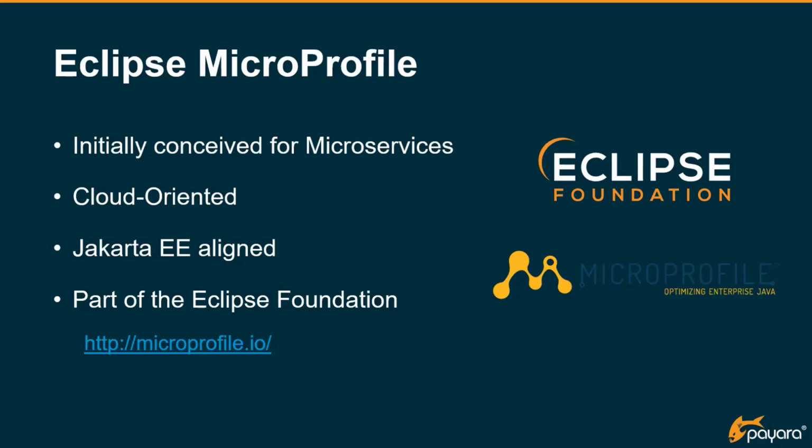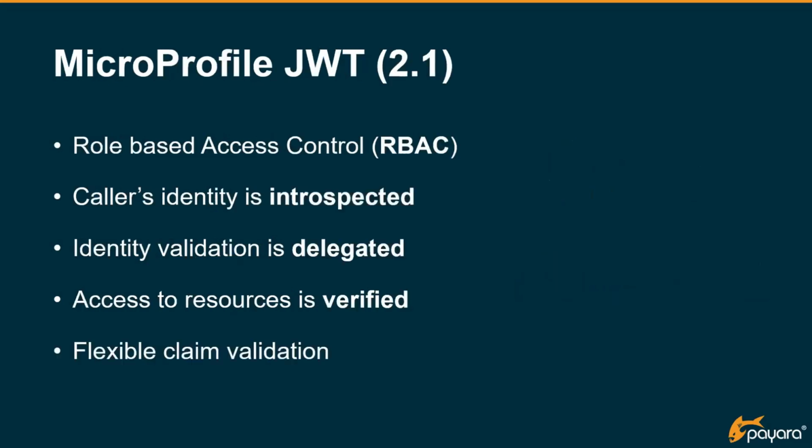And one of the things that was implemented was JWT propagation. This is a set of APIs that allow any Java enterprise application to simply, with a set of annotations and minimal code, connect that application service to an identity provider that talks OpenID Connect, in this case, Keycloak, and allow the application's runtime to automatically do some role-based access control.